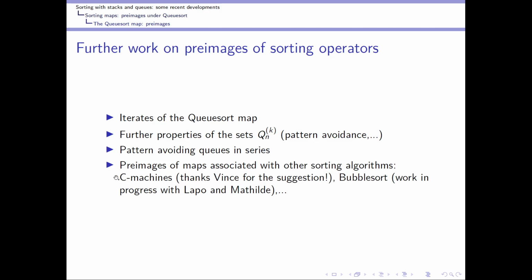One possibility is to consider C machines, which actually are generating machines, but of course one can consider the associated sorting counterpart. This is a suggestion due to Winsvater. Or maybe one can consider the bubble sorting operator, and this is work in progress with Lapo and Mathilde Bouvel, or maybe other sorting operators.